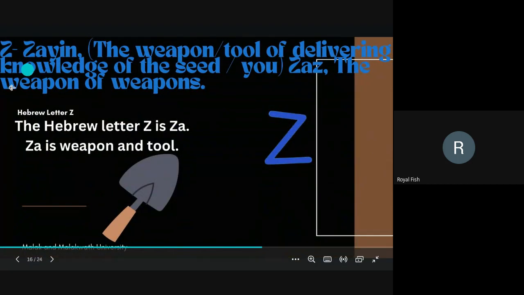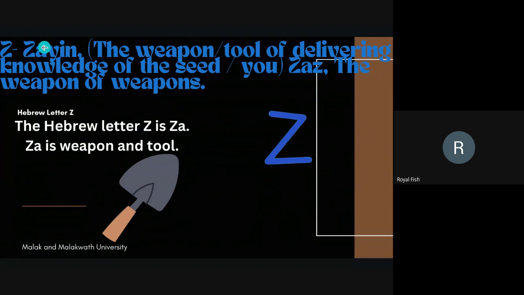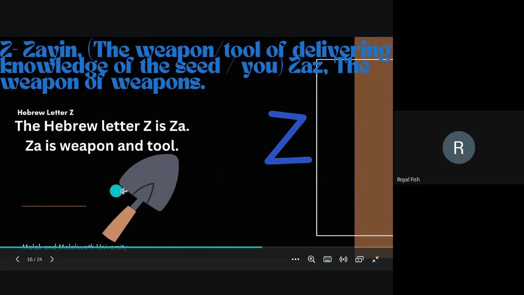Okay, so our next letter is Z. So Z is Za, which Za is weapon and tool. So we have a gardening tool here because that is safe, that is kind, and that is necessary for them to till the garden in order to complete the Most High's will be done.